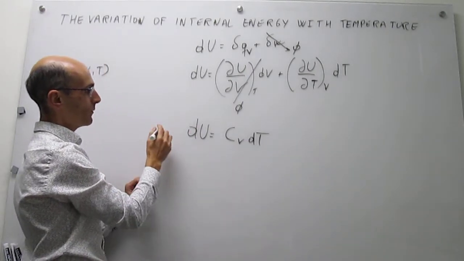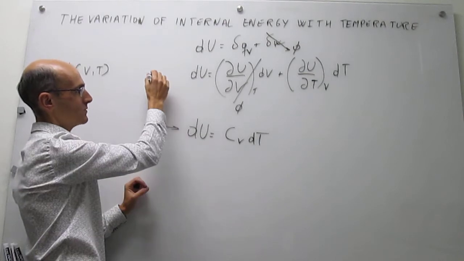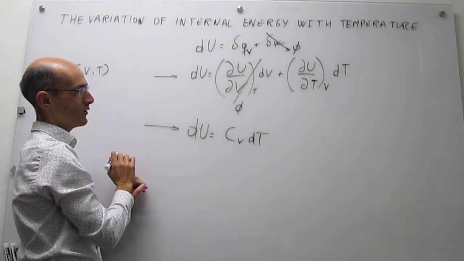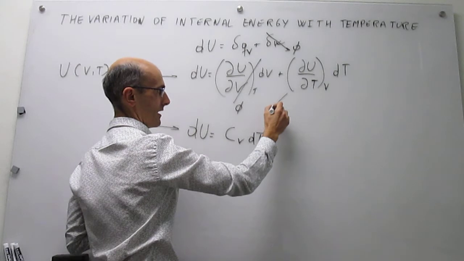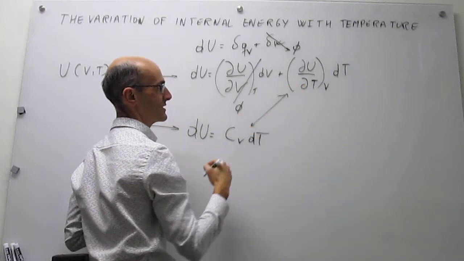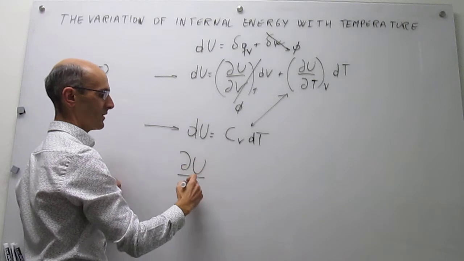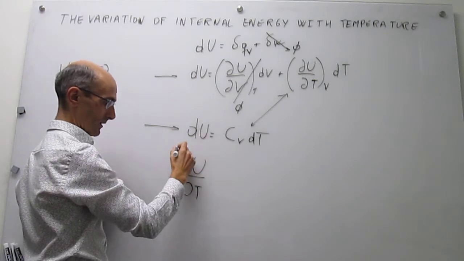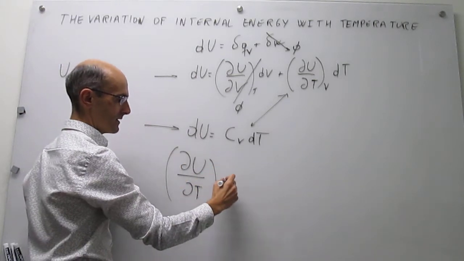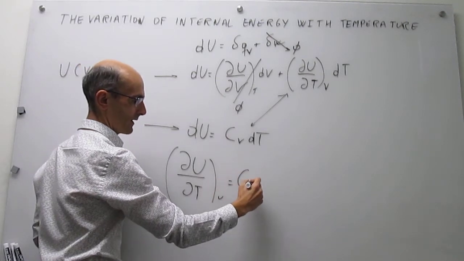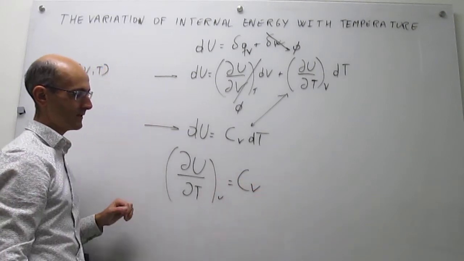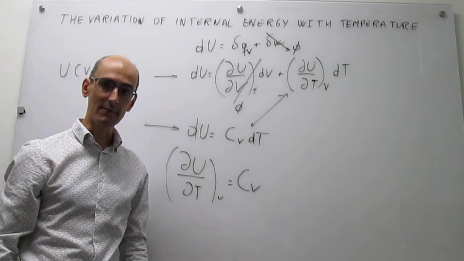If now we compare this expression with that expression, we automatically recognize what this first derivative is. It turns out that the first derivative of the internal energy with respect to temperature at constant volume is simply the heat capacity of that particular substance at constant volume.